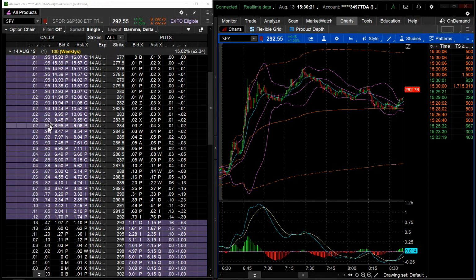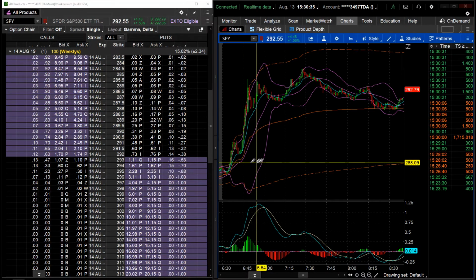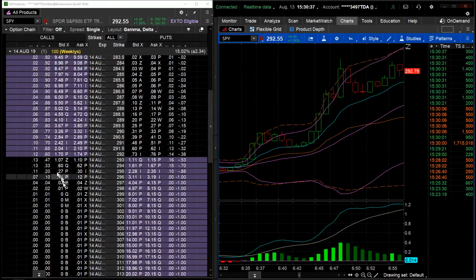Same thing goes for the calls. As the stock price goes up, the calls go up. But again, if we buy down here at 3 cents, we would have to wait for a big move like this one to see them uptick 3 or 4 cents.